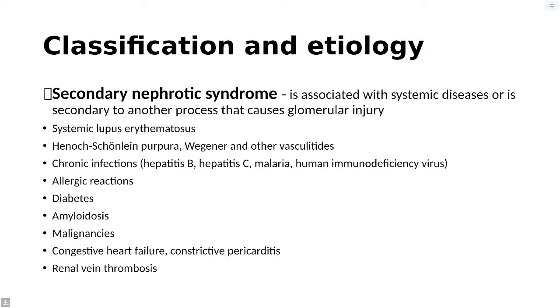The next very big group for nephrotic syndrome is secondary nephrotic syndrome. These disorders are associated with systemic diseases or are secondary to other processes that cause glomerular injury.